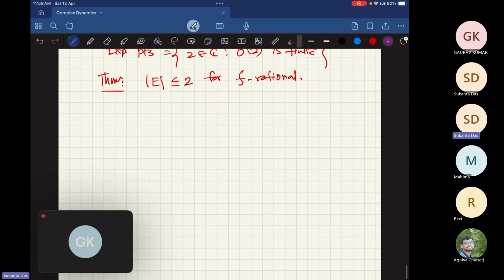To do that, I'll recall one thing which is called valency. It is well known to everyone, I think.